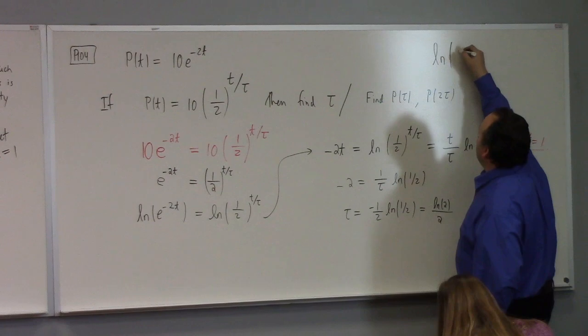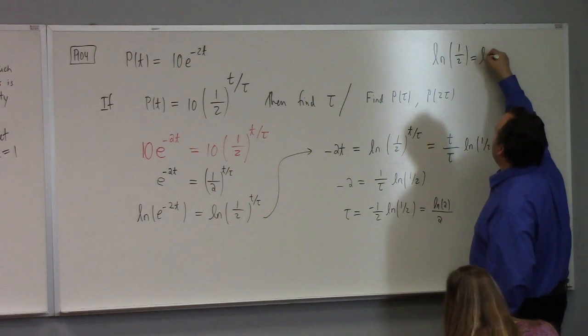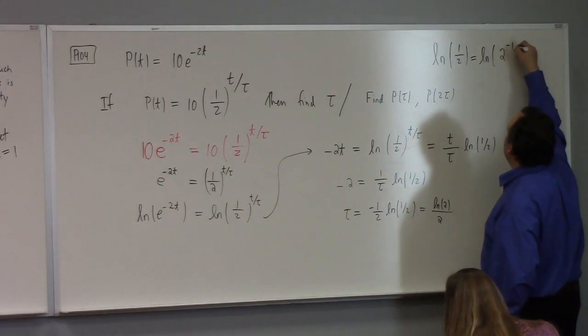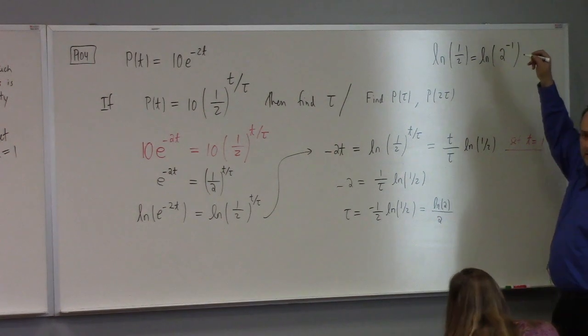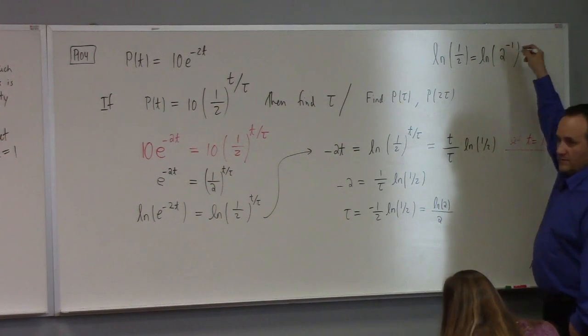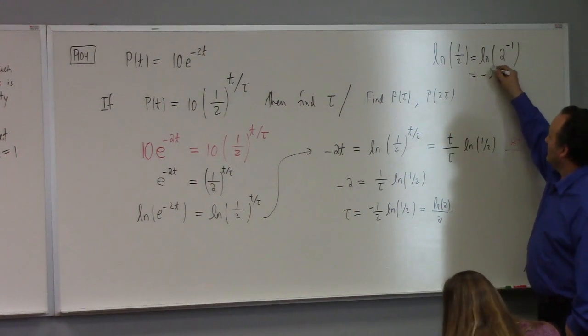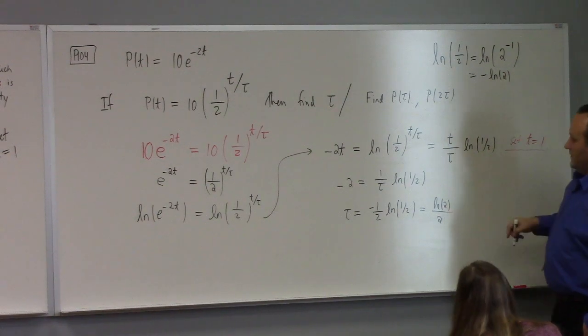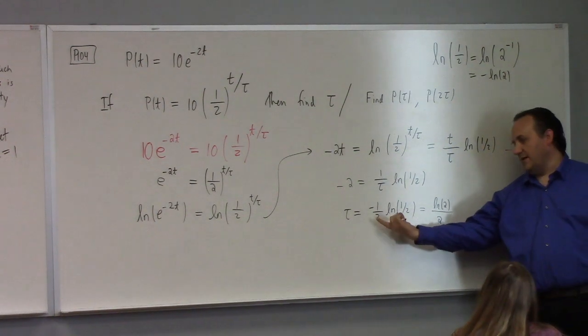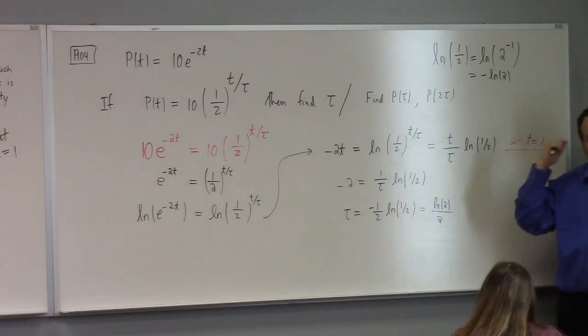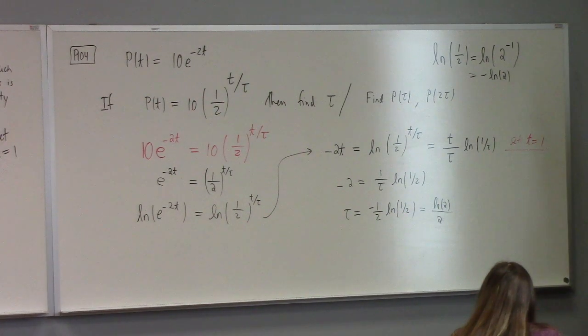Log of 1/2 is the log of 2 to the minus 1 power, which is minus the log of 2. So I have a minus here, that minus cancels with the minus there, and I get log of 2 over 2 is my tau.